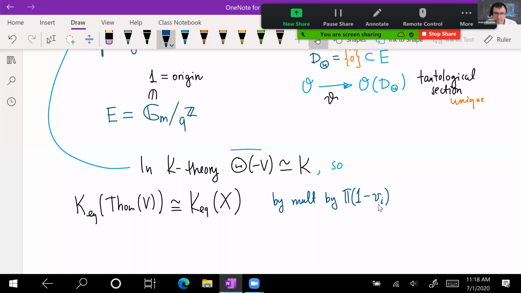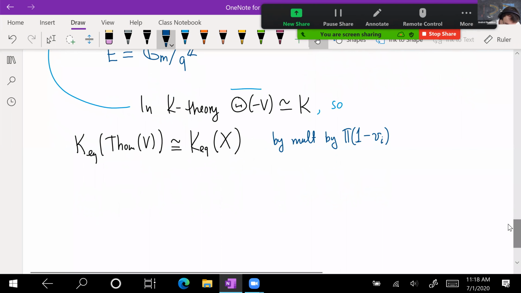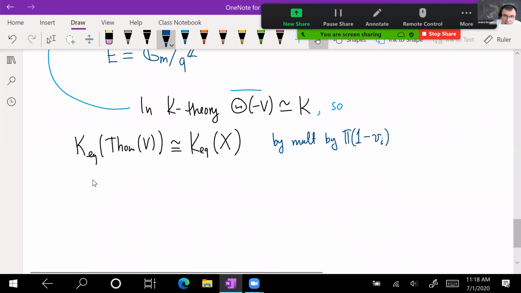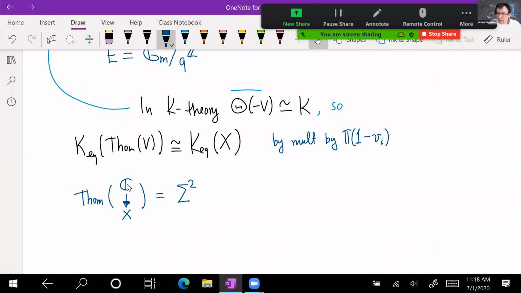So maybe it's curious to point out what this means. For example, in particular, if I take the Thom space of a trivial bundle over X, well, that's just a suspension.